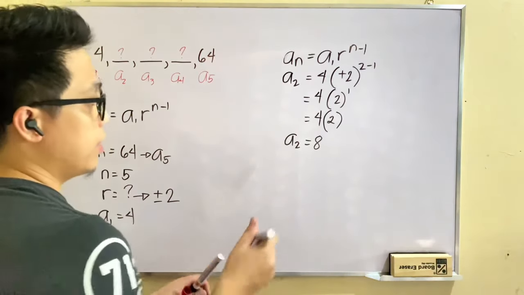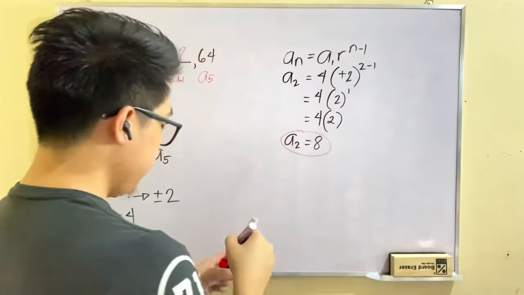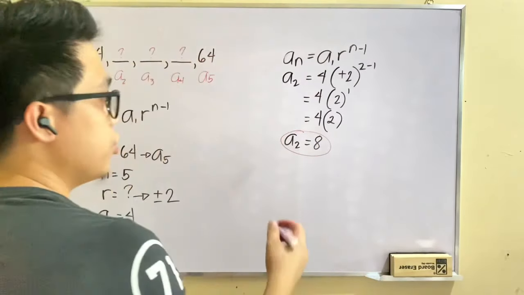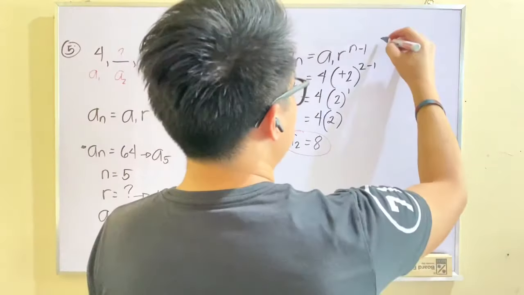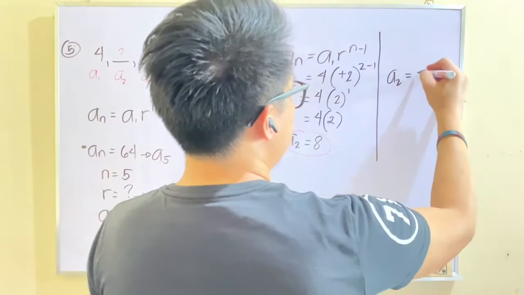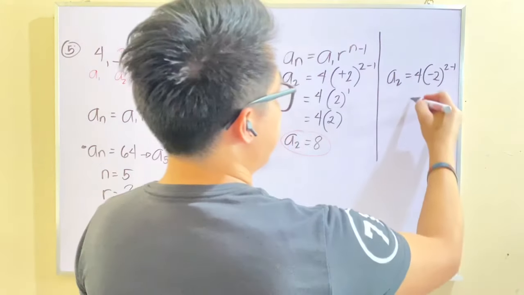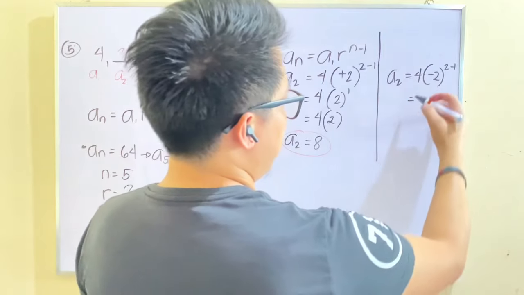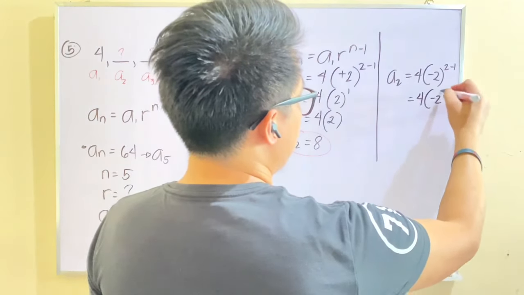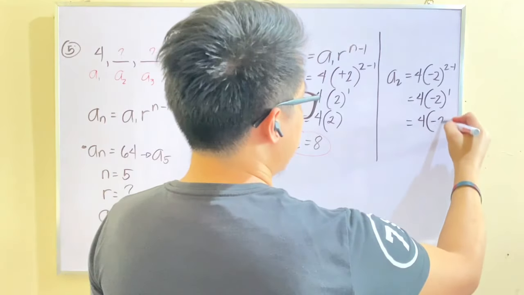Paano naman kapag ang ratio is negative 2? Okay, if the ratio is negative 2, a sub 2 is equals to 4 times negative 2 raised to 2 minus 1. Therefore, 4 times negative 2 raised to 1, negative 2 raised to 1 is negative 2.